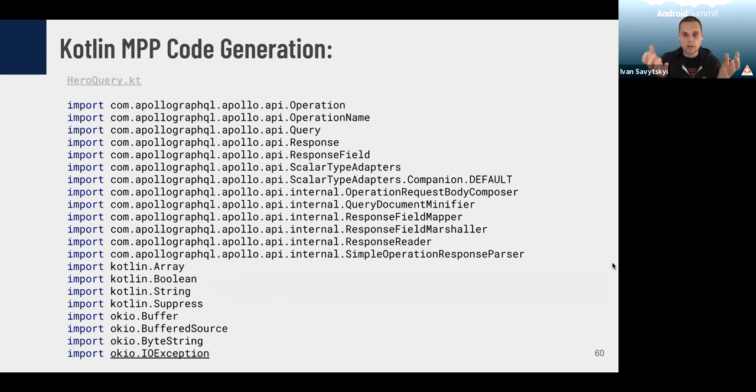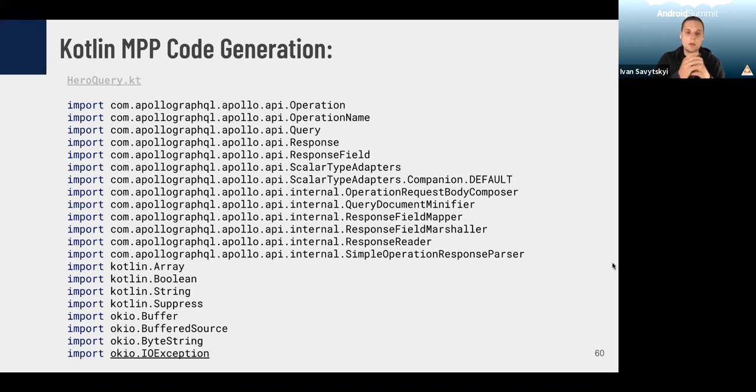And we easily migrated all our supporting files to Kotlin native. Also, we are only using the pure Kotlin language, so we don't have anything from JVM land when we're generating the Kotlin models. And the only extra dependency that we have is OKIO to parse the response from the stream.